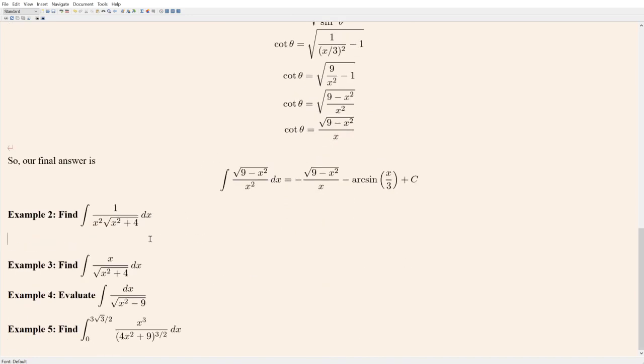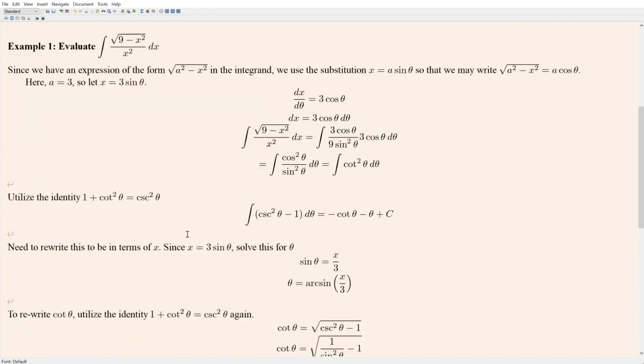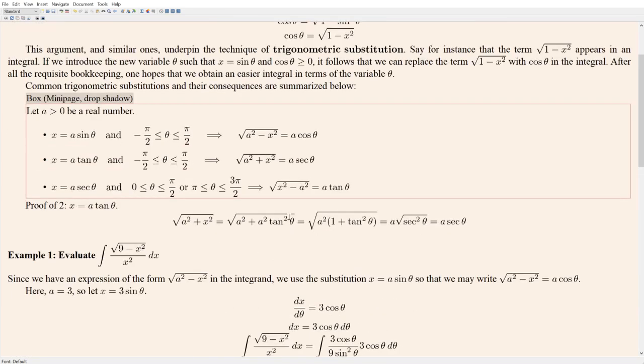Okay, next. So for this one, notice that we have a big square root of x squared plus 2 squared. So which of the substitutions corresponds to that? Well, that's going to be this one. So we need to make the substitution x equals a tangent theta.